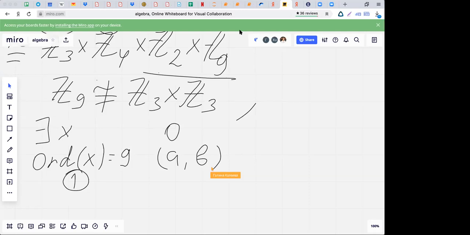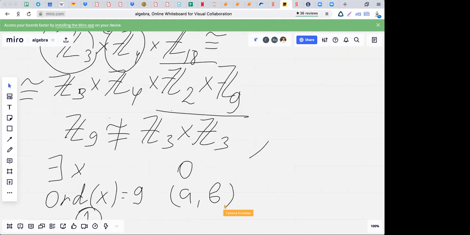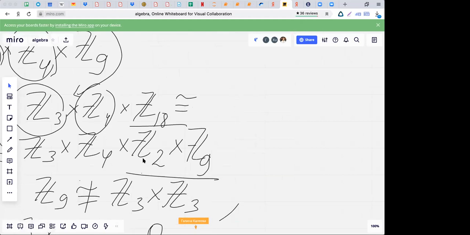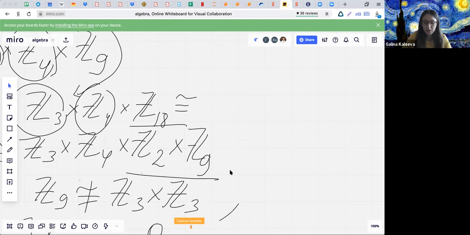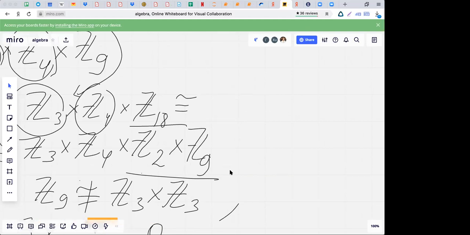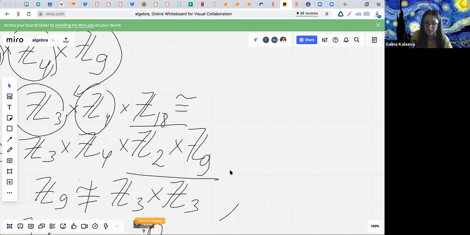For example, is Z2 times Z9 isomorphic to Z18? Since 2 and 9 are coprime, they are isomorphic to Z18. In the general case, if we have Zm and Zn, and m and n are coprime, then the direct product is isomorphic to Z of their product.